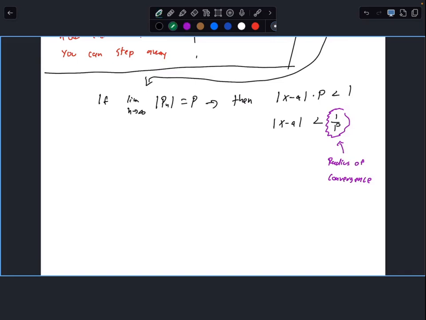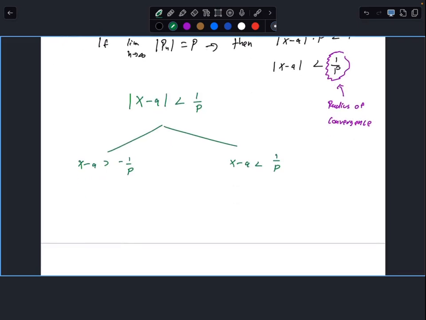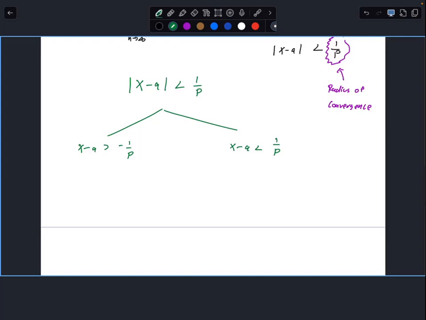Now, we need to solve an algebraic inequality: the absolute value of x minus a is less than 1 over p, which, if you remember from your algebra days, solving inequalities of absolute values gives me that x minus a must be less than 1 over p, and x minus a must be greater than -1 over p. So when we solve this, here is a.